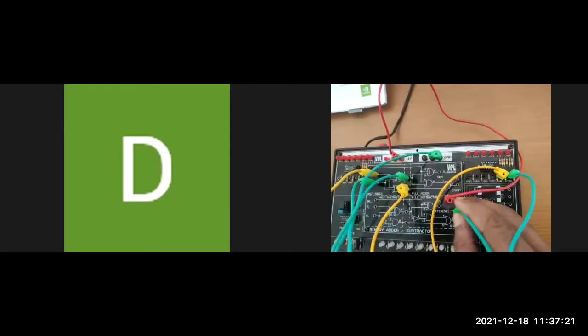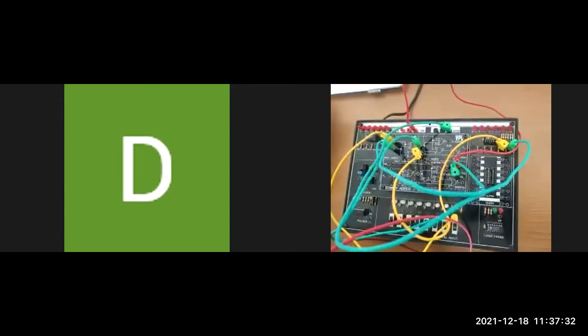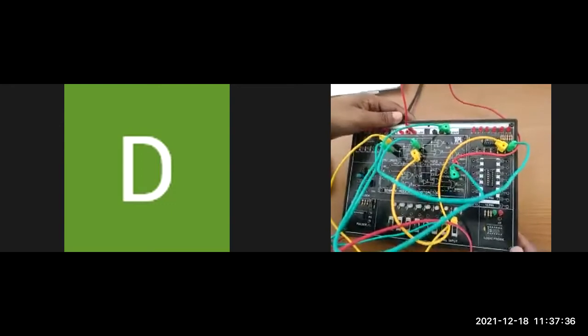Now our half adder circuit connection is over. Now we will see that, as per our knowledge, we get the expected output. Now we switch on our kit.